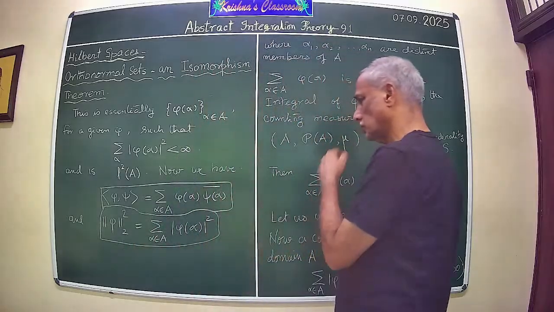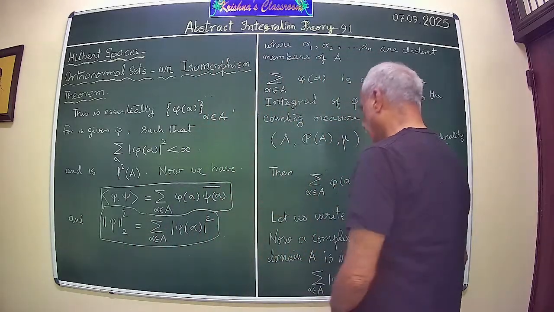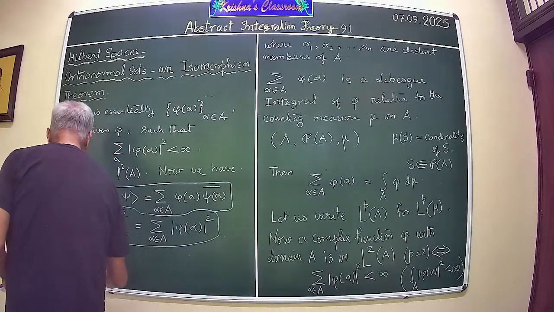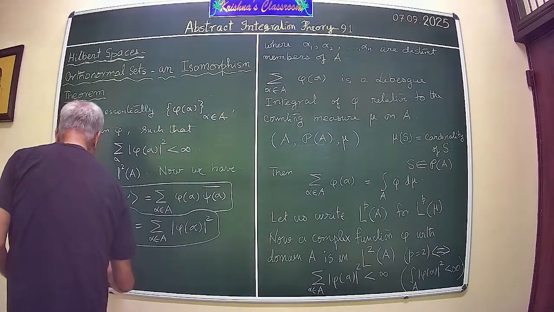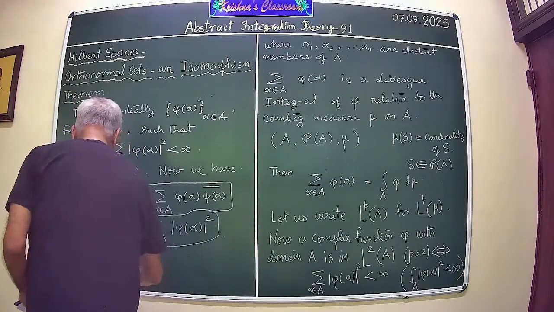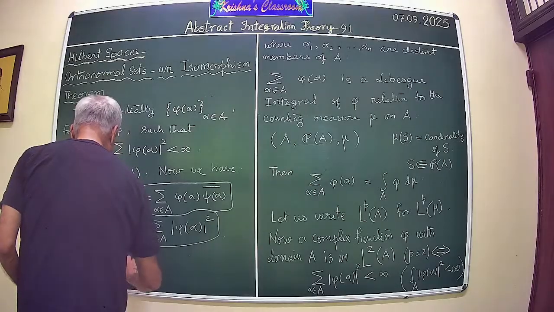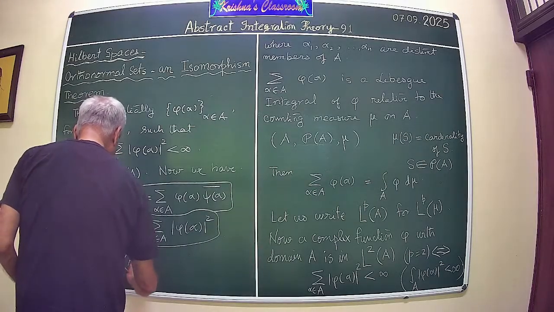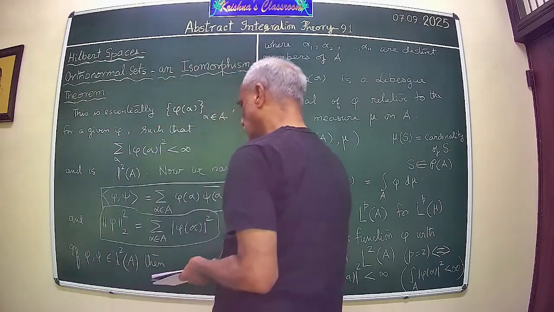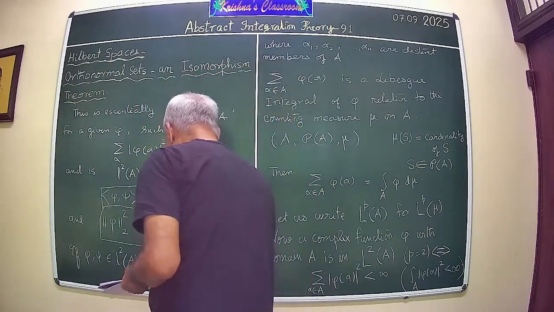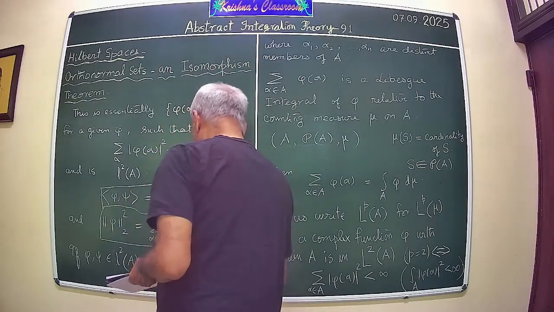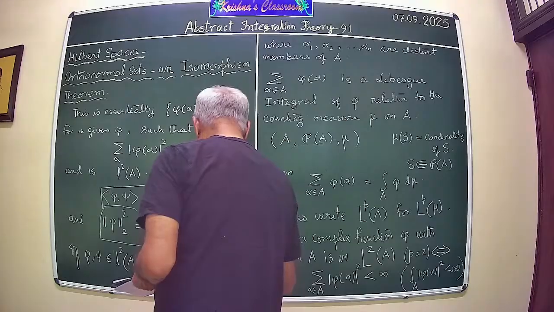Right? So we have these numbers, and you can show that if phi and psi are in L2(A), then the product phi psi bar belongs to L1.